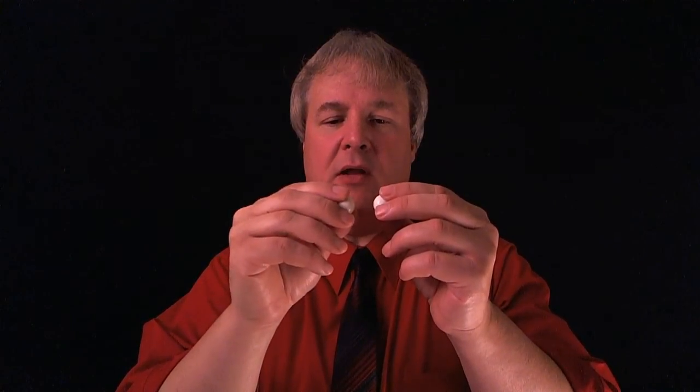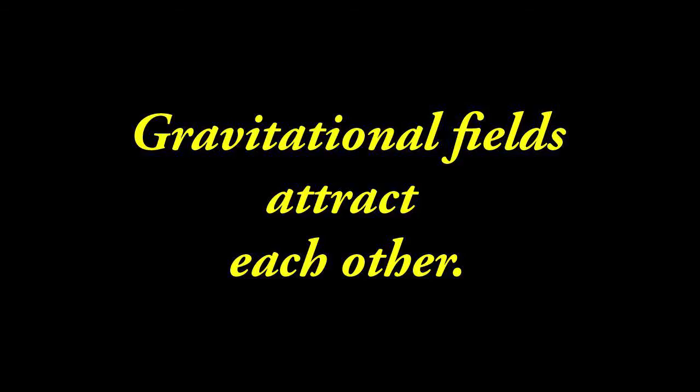They don't stick to each other. And of course, remember, gravitational fields only attract each other. I'll demonstrate this by simply dropping this particle, and it's attracted to Earth. Simple. Again, macroscopic experiments show us how these fields interact.